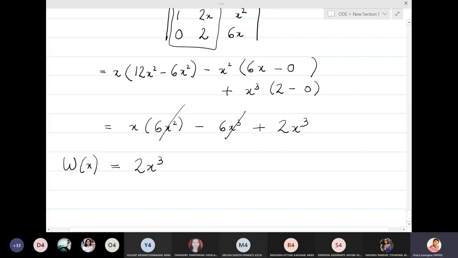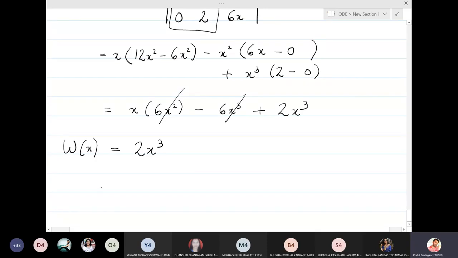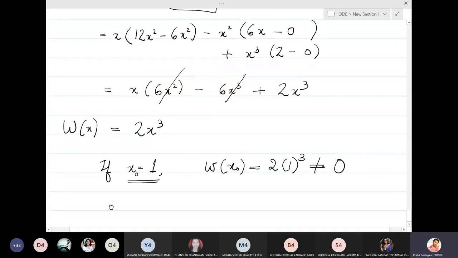Now can we find a point for which the Wronskian is not equal to 0? It is clear that if I put x equal to 1, say x not equal to 1, then what is the Wronskian at that point? The Wronskian at that point will be 2, which is not equal to 0. So by the earlier definition that I told you, if you can find a point for which the Wronskian is not equal to 0, the functions will become linearly independent.